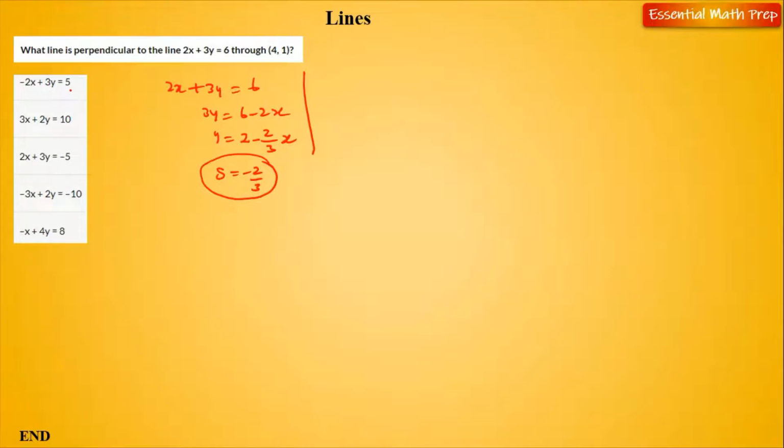But unfortunately, all of these lines are written in a weird format. So let's go ahead and write our new equation as y equals negative 2/3 x plus c. One thing that is helpful in this particular case is to substitute the values of x and y. So y is 1 and x is 4. Negative 2/3 times 4 plus c, which is negative 8 over 3, right?